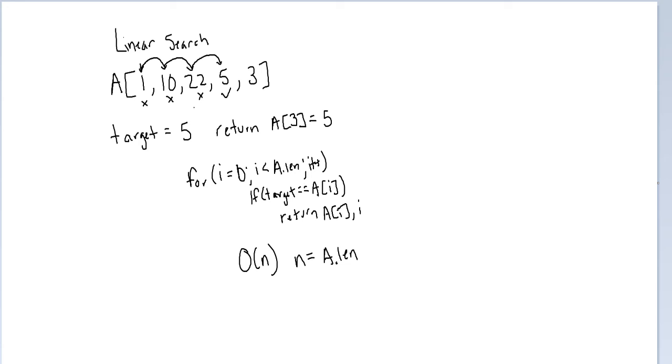That's the worst case. So if you have an array of 20 million items, you might not want to use linear search, as that can take quite a long time, especially if it's unordered. So you want to look for something that's log n.